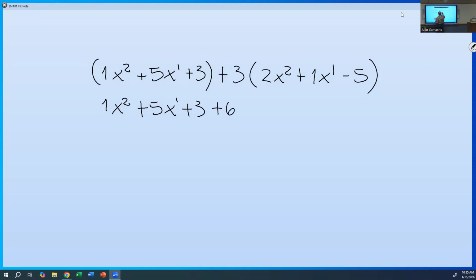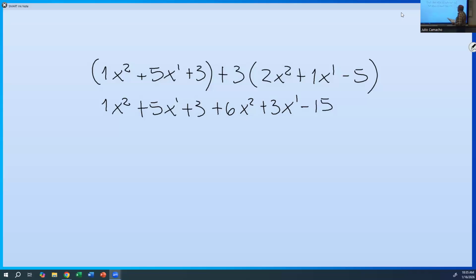You copy your x squared because there are no coefficients or powers in the 3. Then you do the same thing. Positive 3 times 1 will be plus 3x to the 1 power. And then, for example, you are multiplying a positive and a negative. When you multiply a positive and a negative, the answer is negative, and it's 15.